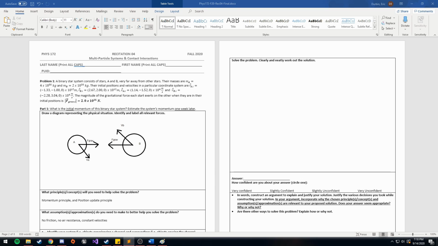So the final momentum is 0. Okay, it's starting to make sense why this question has multiple parts. Yeah. It'll probably ask us to change the system.